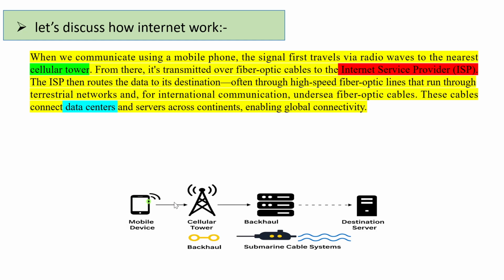First, your mobile phone connects to the cellular tower nearest to your home. Then, with the help of fiber optics, the cellular tower connects to your internet service provider, meaning Jio, Airtel. These are the internet service providers that connect you to the internet.